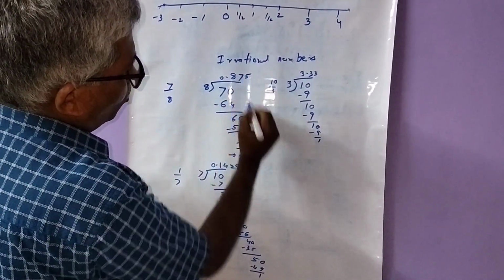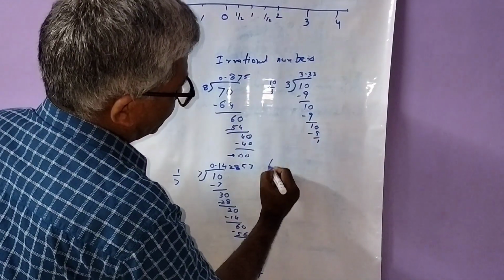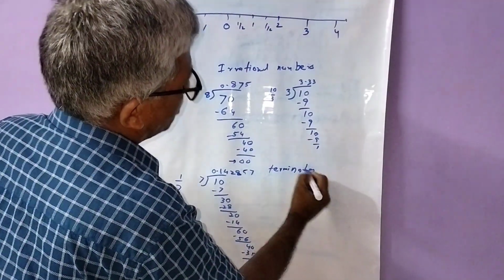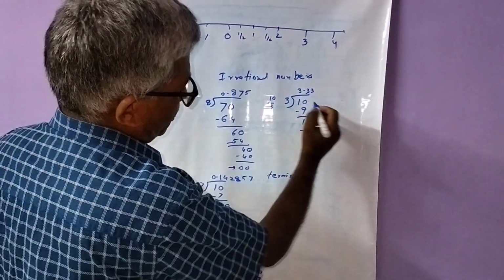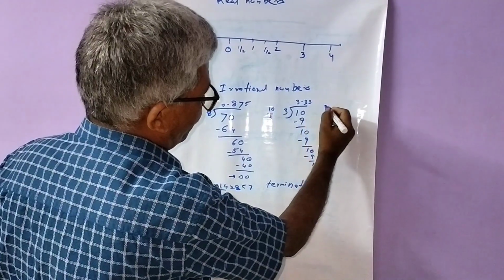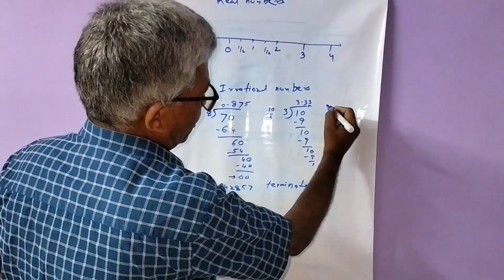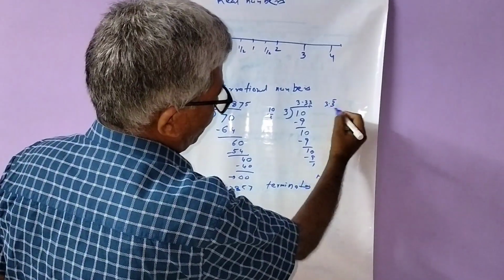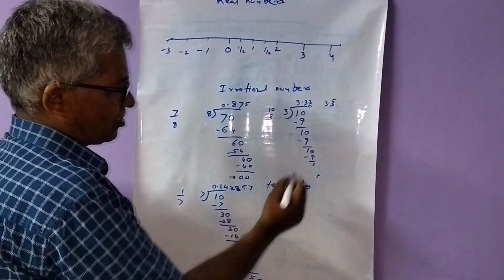That means this goes to the end, that is, it terminates. But in this case, this does not terminate, and 3 repeats again and again. We write this as 3 with a bar, and we call this 3 recurring.